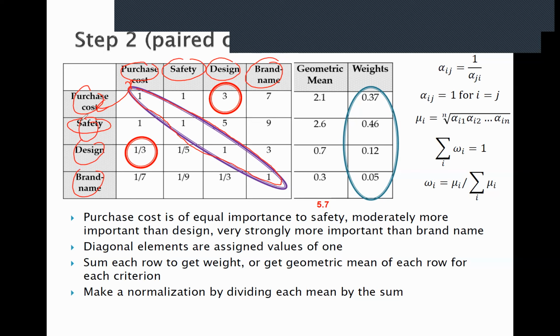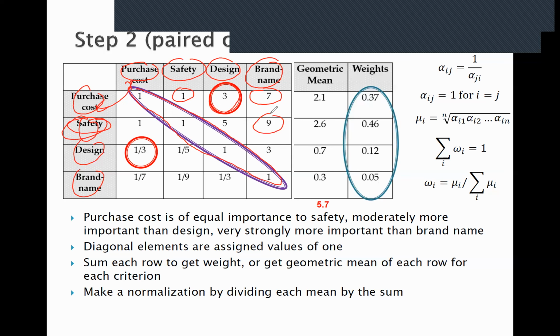They are the same criteria. If we compare purchase to design, then purchase cost is simply of equal importance to safety, and moderately more important than design, and then very strongly more important than brand name.